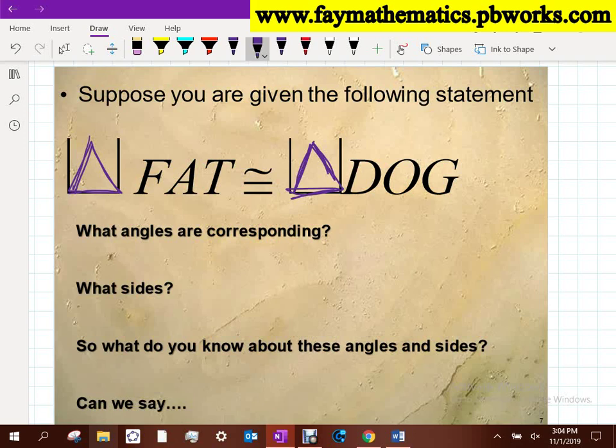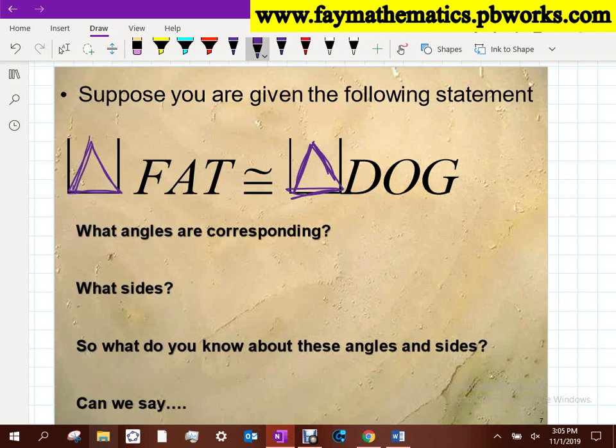But more generically, they're corresponding parts. They're coming from what kind of triangles? What was the relationship you said between the triangles? Congruent, right? So you got corresponding parts coming from congruent triangles. What's the conclusion that I know about angle F and angle D? They have to be what to one another? Congruent. Okay?